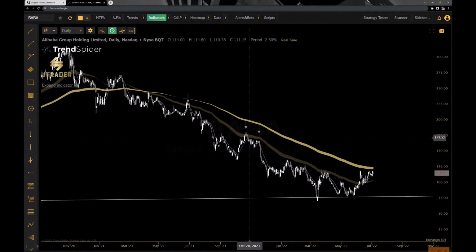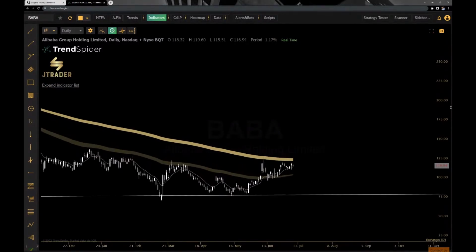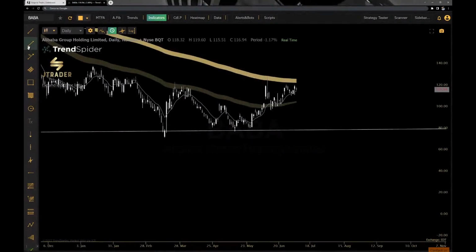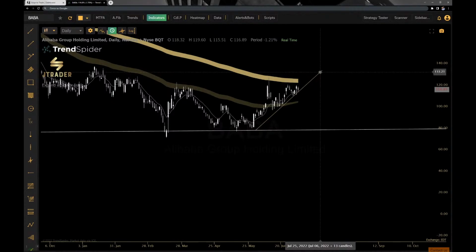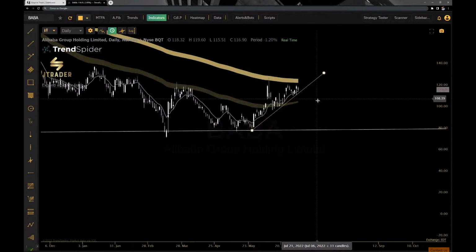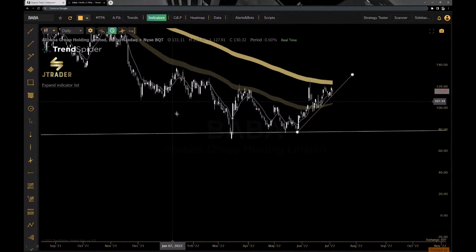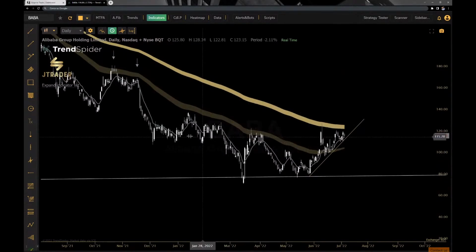Right now it's trying to bounce, but I'm watching this on a daily basis because we're probably going to have a breakdown of this trend. And if that starts again, then I'm going to look for other patterns like this for a short. Okay, so this is what I'm looking at right now on Baba.